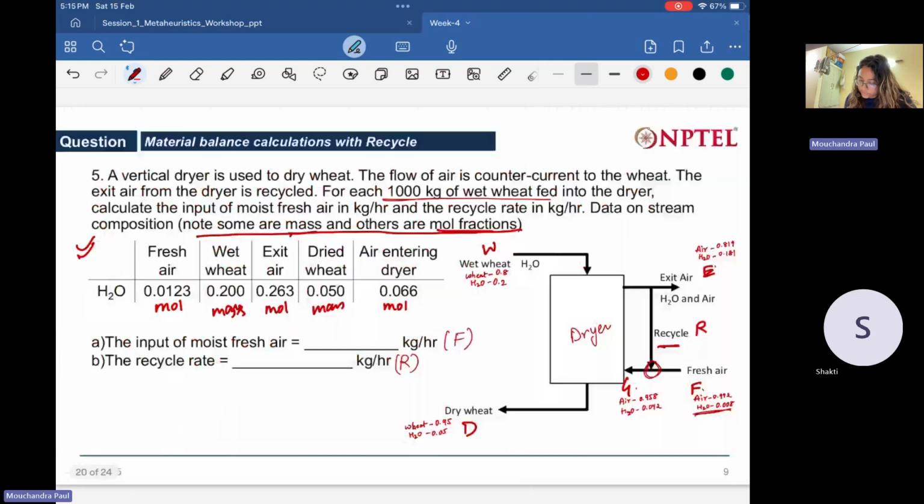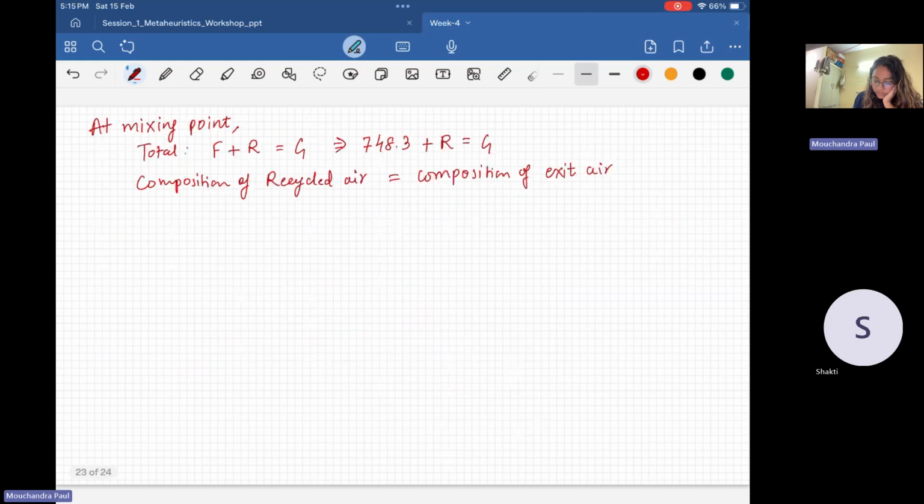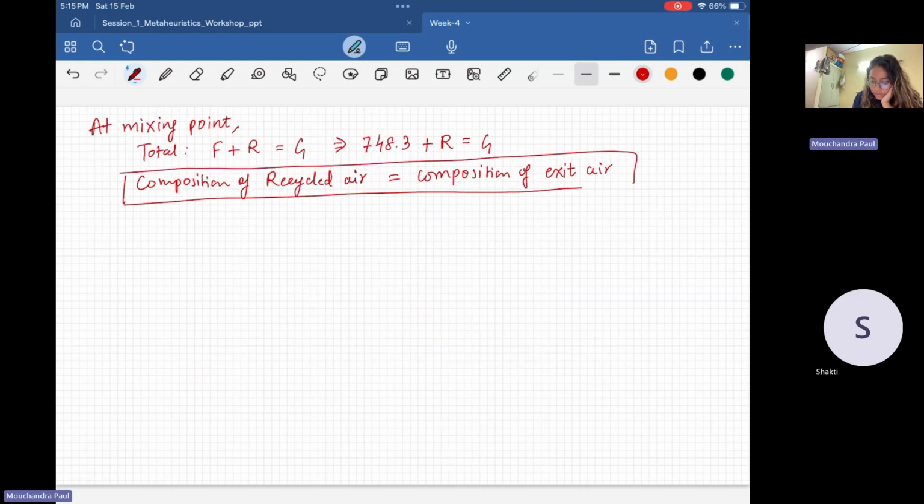See this diagram. So recycled air is what? Is some part of the exit air, right? So we know the composition of exit air. So the composition of exit air and the composition of the recycled air will be the same. Okay. So we have to consider this particular point. Then we can do it.